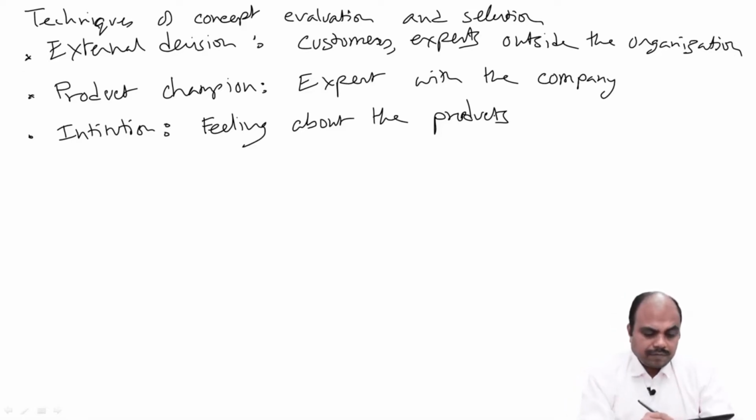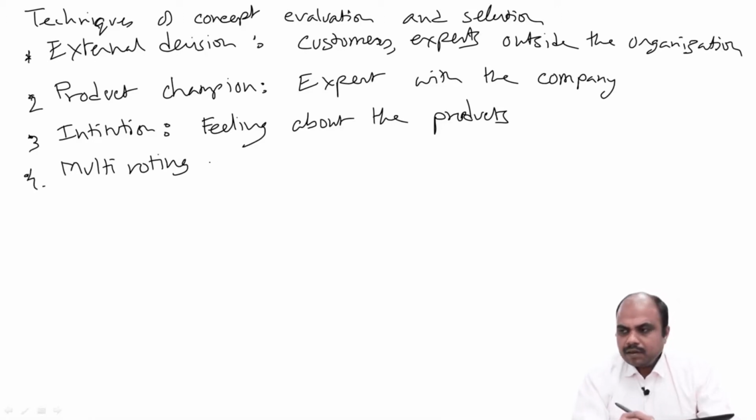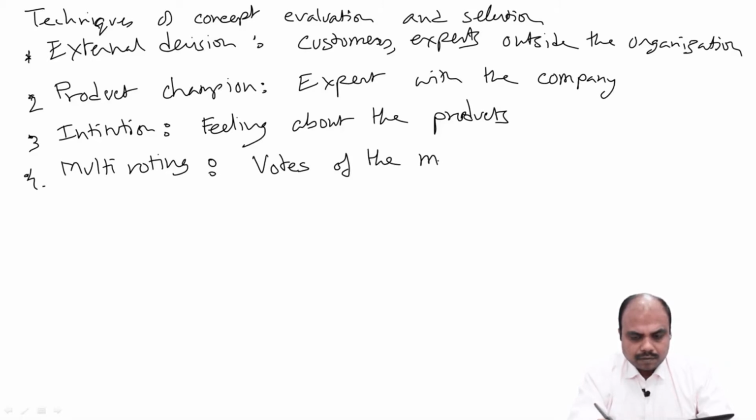Next is multi-voting. Here we can use votes of the members, and they tell which product or designs they like, and whichever ideas get the maximum votes will be selected.